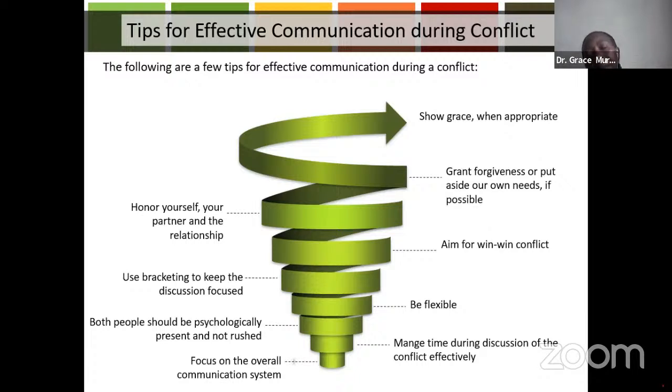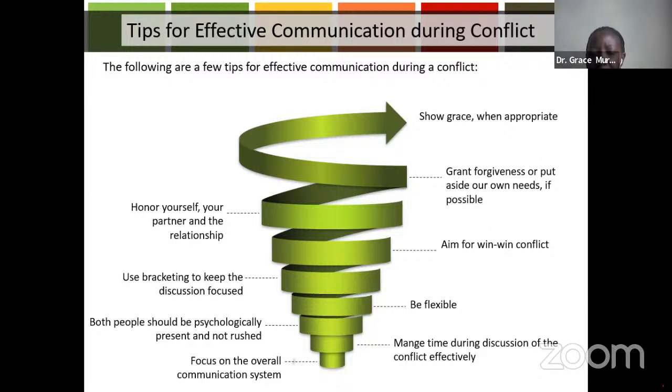Don't be the kind of person who is always throwing tantrums. Honor yourself. How you carry yourself when resolving conflicts matters in how people look at you afterwards. Sometimes you get into the heat of the moment and you resolve conflicts with so much anger that it actually destroys your reputation.